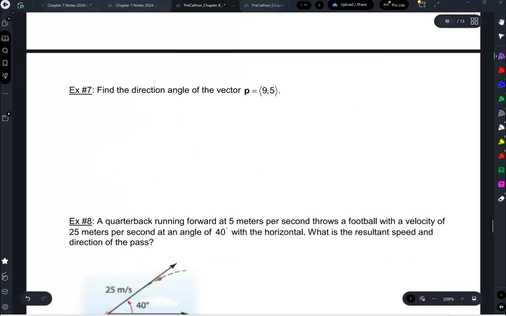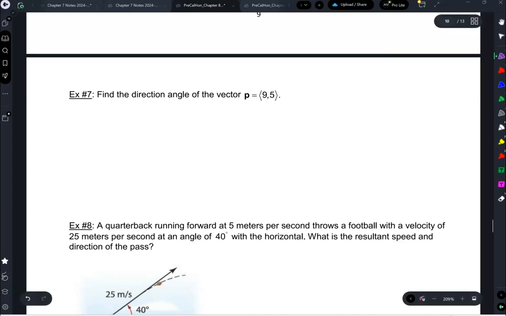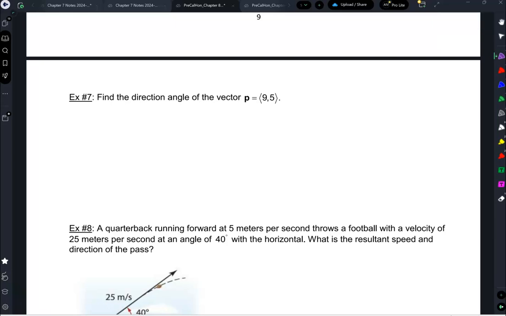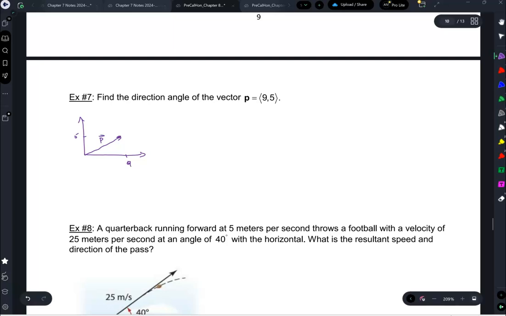All right, so now we have a vector p. We want to find the direction angle of vector p. Vector p is 9, 5. So if this is 9 and this is 5, that's what vector p looks like. The direction angle is this, that's what we're looking for.